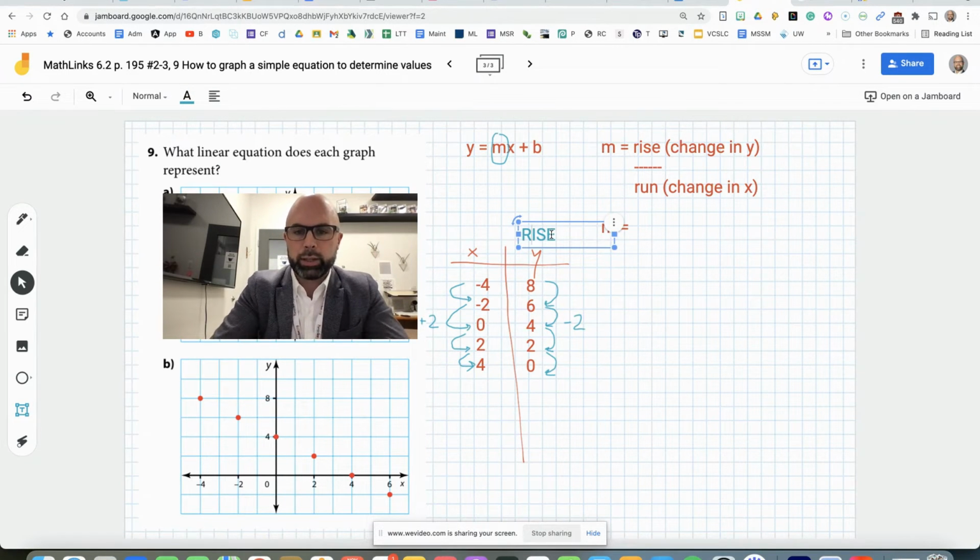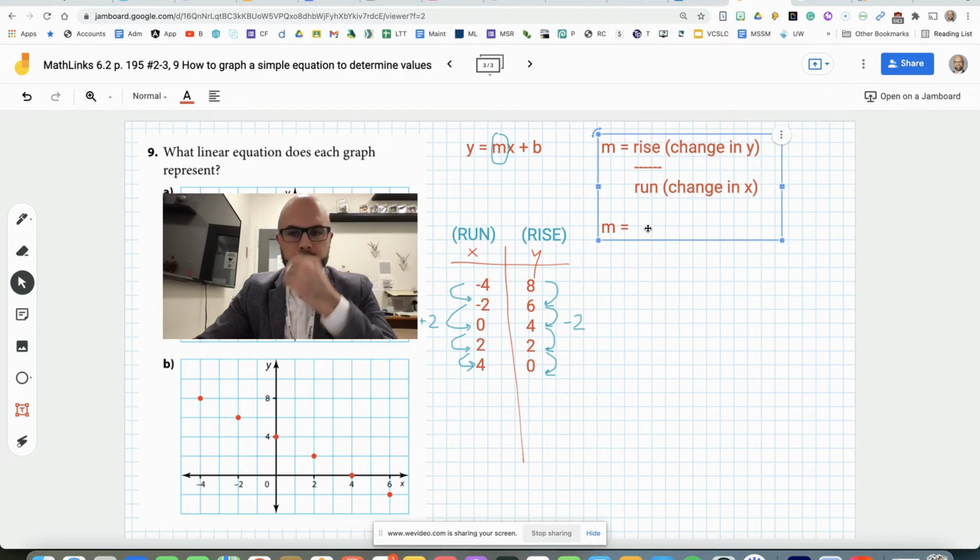This is rise over the run, the x values. One way to think of rise is to think of the y-axis going up, and the x-axis is running. So we've got rise and run.